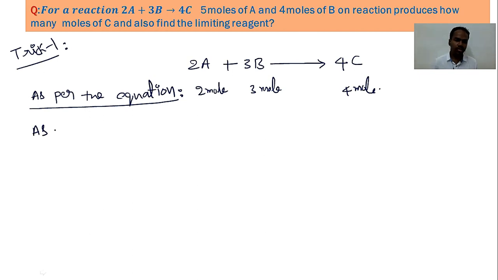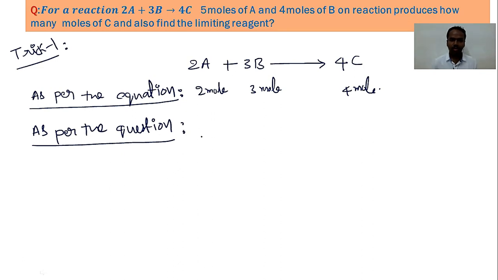As per the question, number of moles of A given is 5, and number of moles of B given is 4.